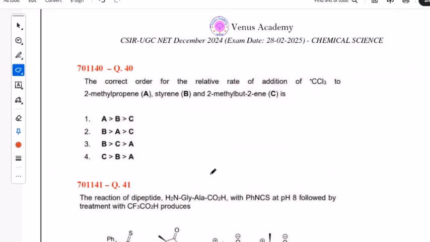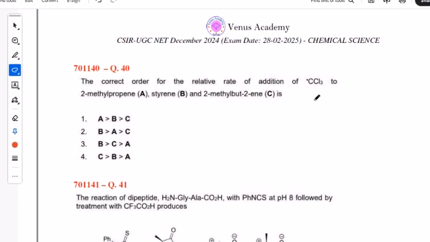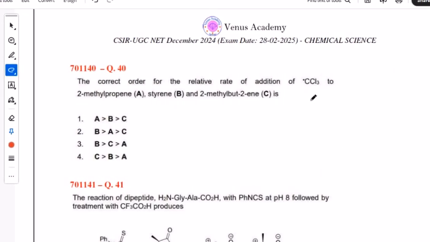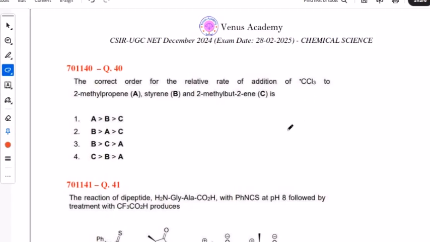Next, the correct order for the relative rate of addition of the carbon trichloride free radical to 2-methyl propene.